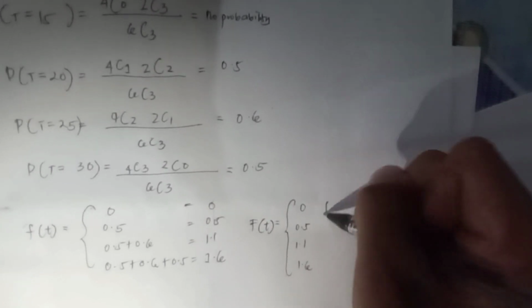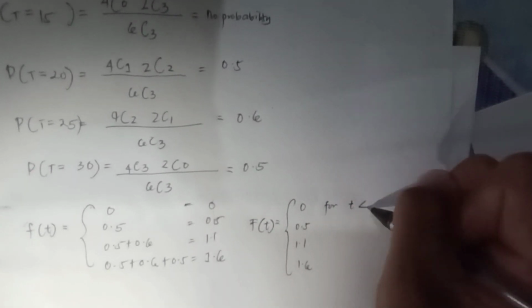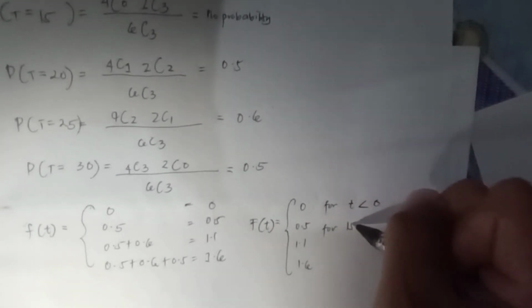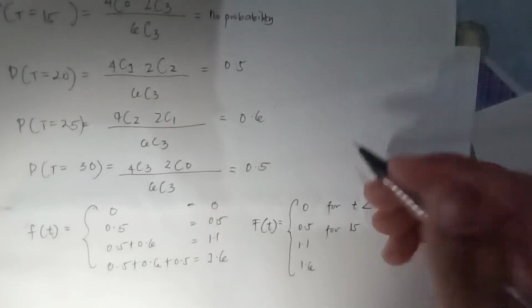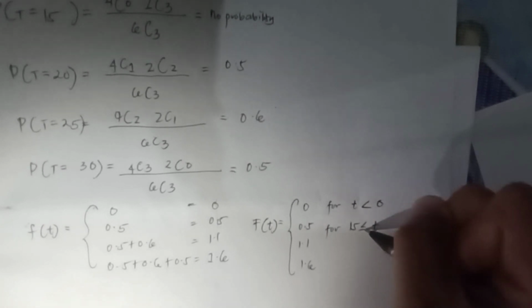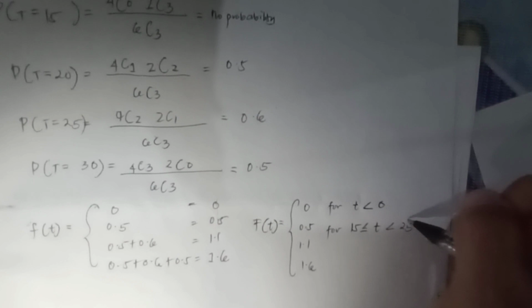So therefore, the assumption here will be t less than 15 gives 0. For t greater than or equal to 15 and less than 25, this is 0.5.